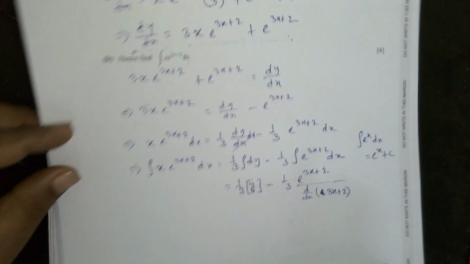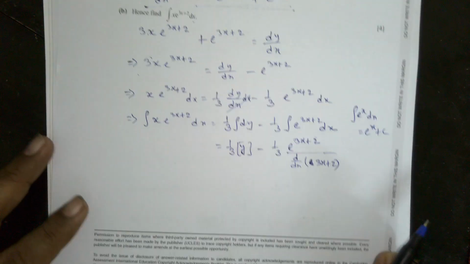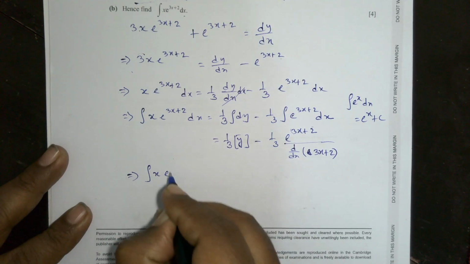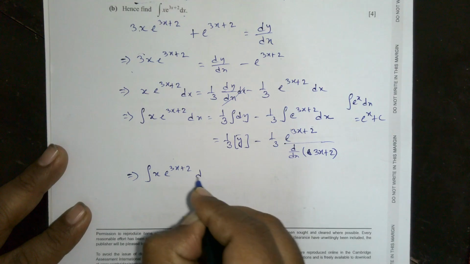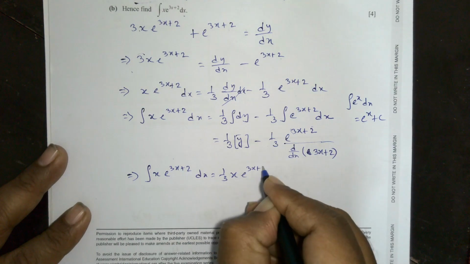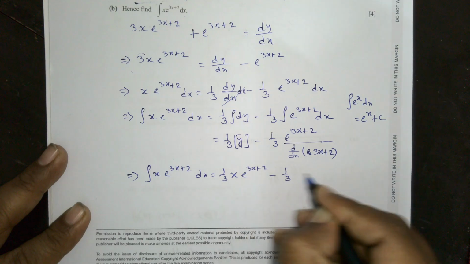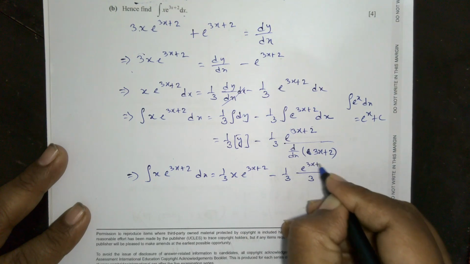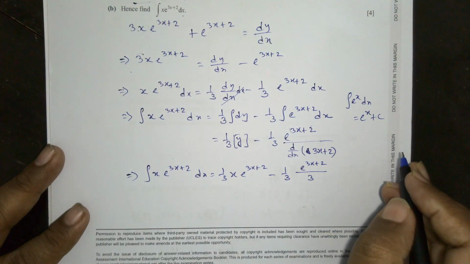So on the second to last line, I can write the integral of x e to the power 3x plus 2 dx is equal to 1/3 of x times e to the power 3x plus 2 minus 1/3. Here again we will have 3 times e to the power 3x plus 2. Do you know what I have missed intentionally?